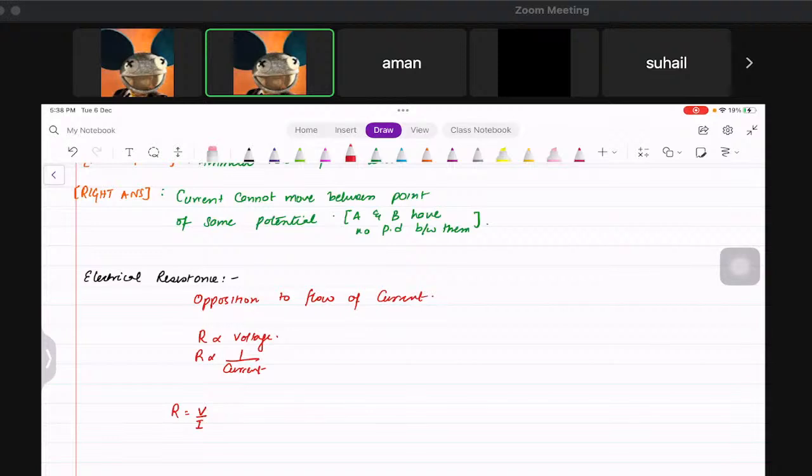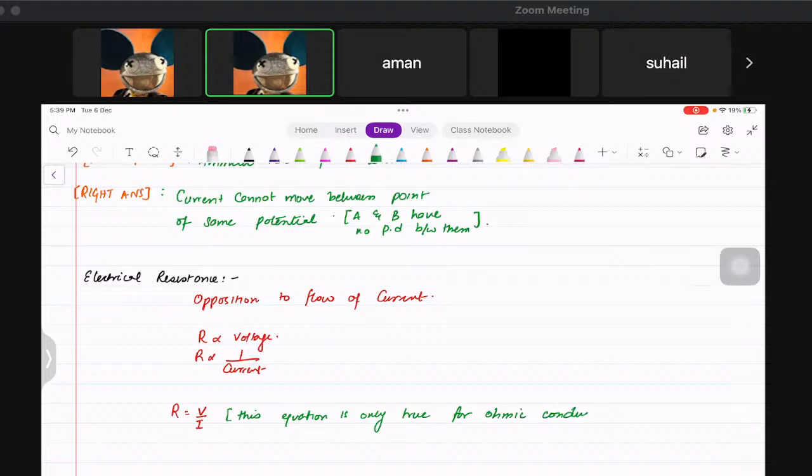So resistance is equal to voltage over current, and I just want to tell you that this equation that we know is only true for ohmic conductors.